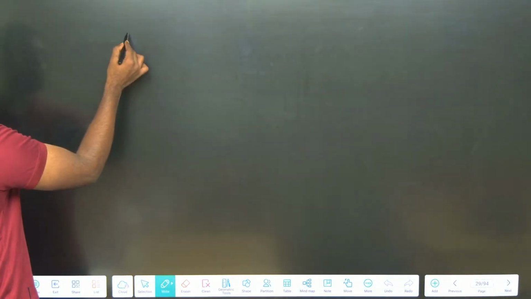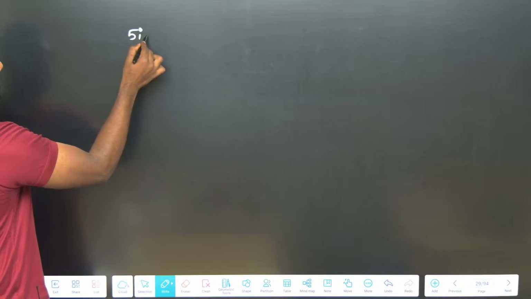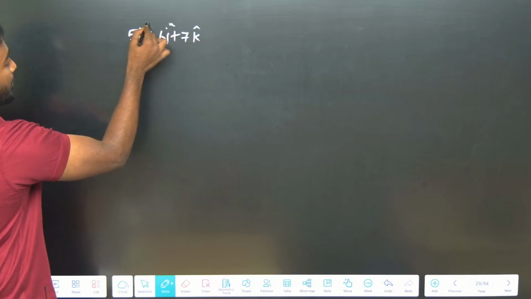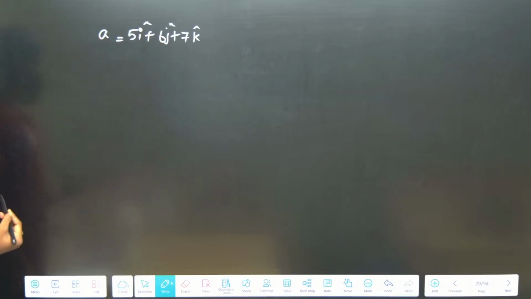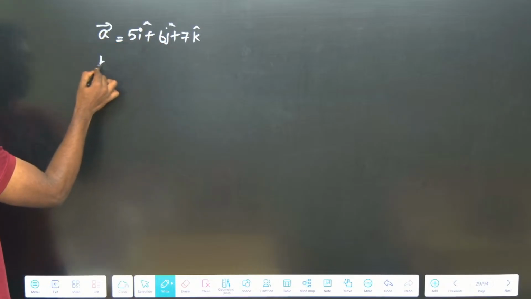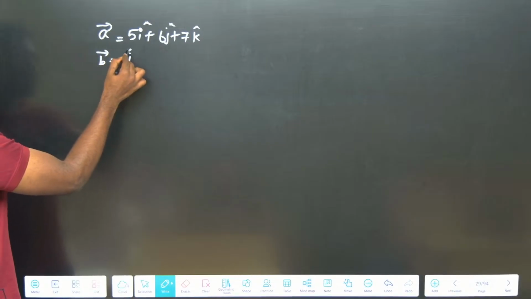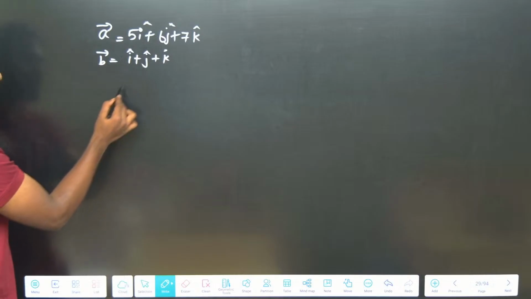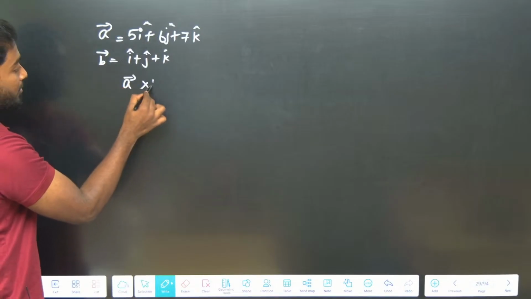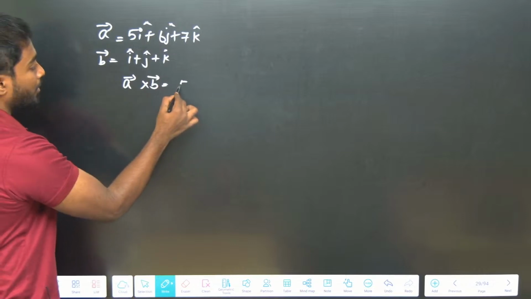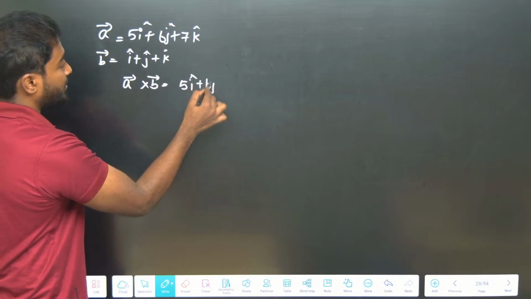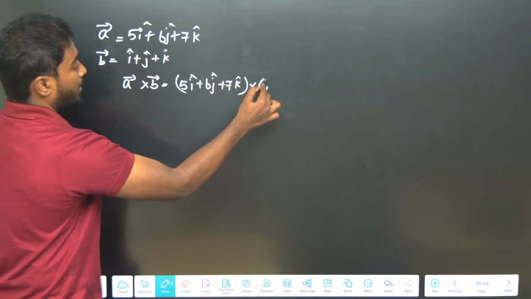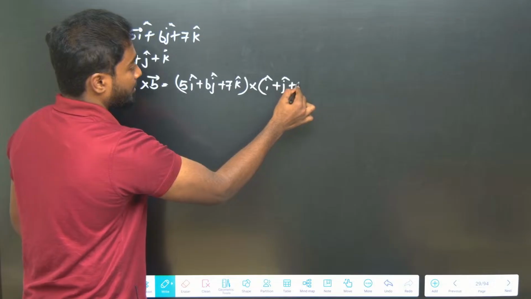Now 5 I cap plus 6 j cap plus 7 k cap is the value of vector A, and vector B is given as I cap plus j cap plus k cap. Now I need to find A cross B, which is 5 I cap plus 6 j cap plus 7 k cap cross I cap plus j cap plus k cap.